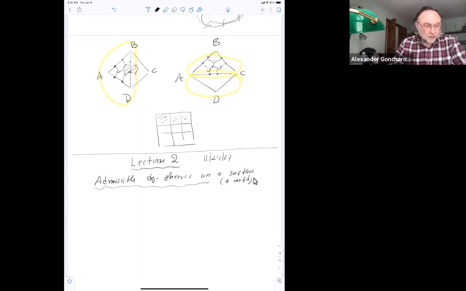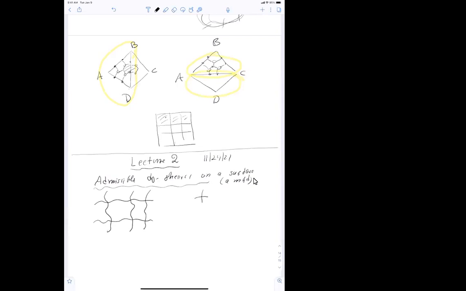Okay, so what are those admissible DG sheaves on the surface? We have on the surface some collection of lines, and these lines later will be coming from bipartite graph, but in general we have some collection of lines. I assume that these lines are in generic position. This means that they intersect like that.